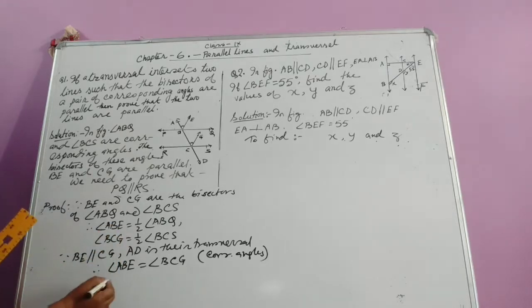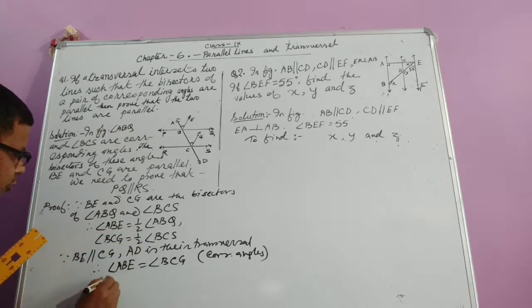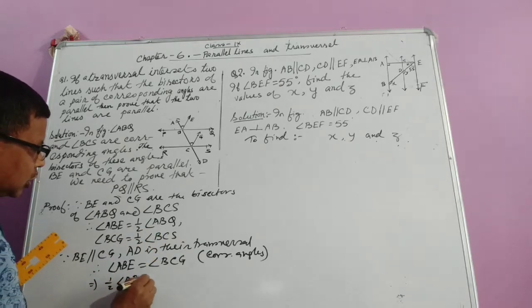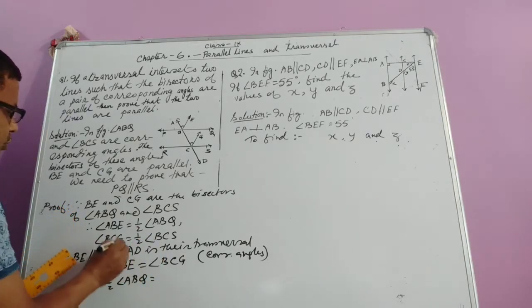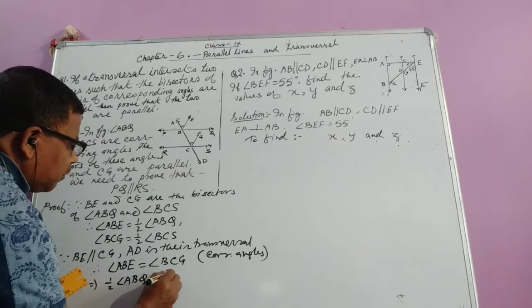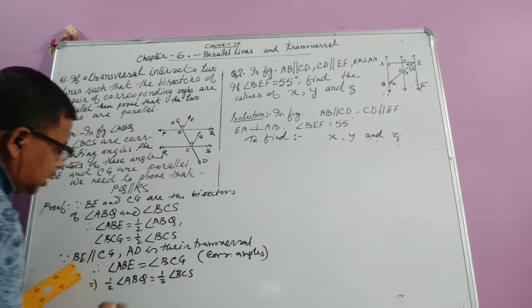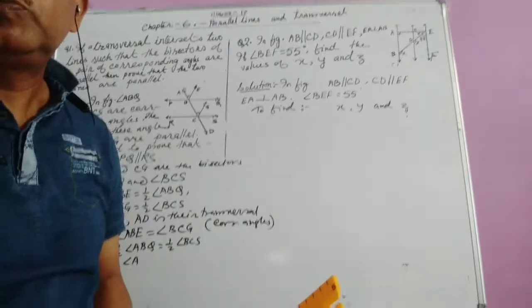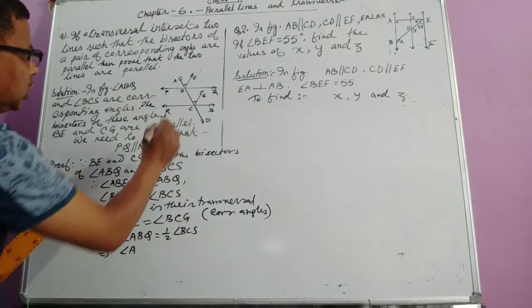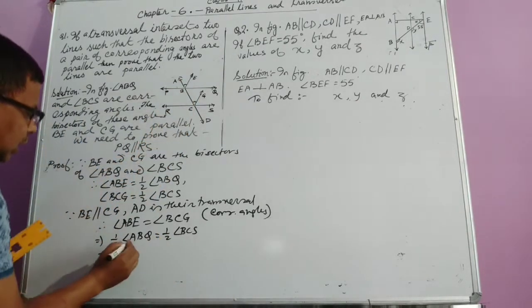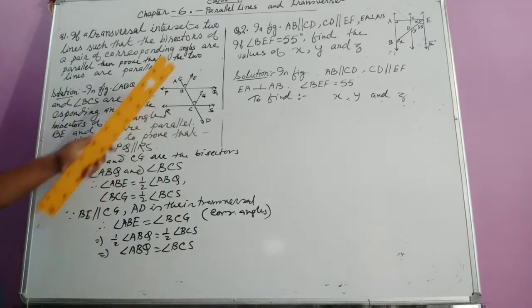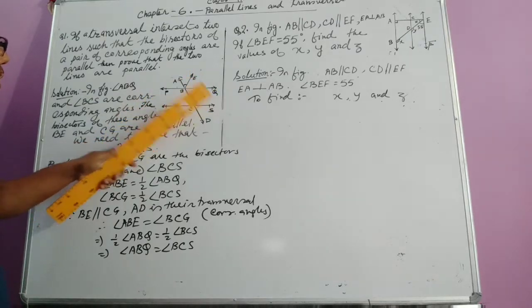Now, from this we get angle ABE, which is half of angle ABQ, is equal to angle BCG, which is half of angle BCS. Multiplying both sides by 2, we get angle ABQ is equal to angle BCS.